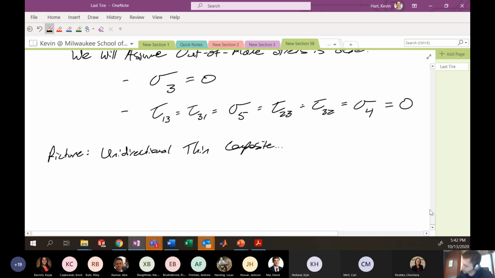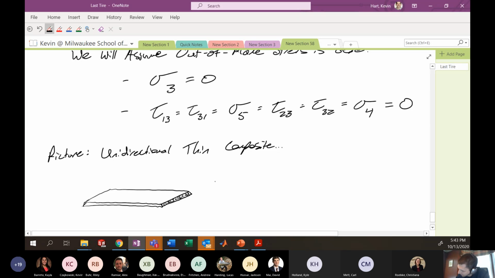If it's thin, here we are with our very thin, long composite. Maybe something that looks like that. I am a great artist. You have all your fibers here at the cross section that you see poking out here.